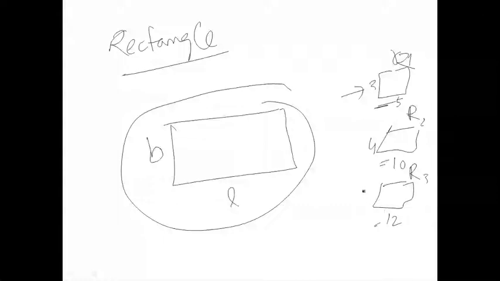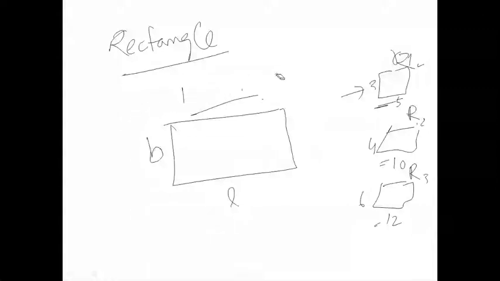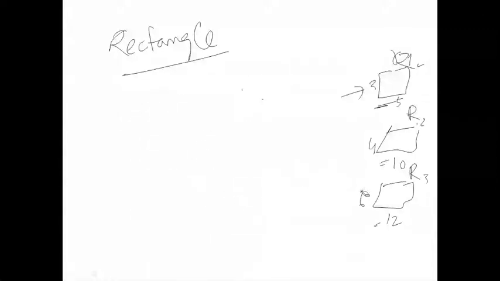Here it is 12 suppose, and it is 6. So this way these are the really existing objects, and this is the design. So let us create a class called rectangle.